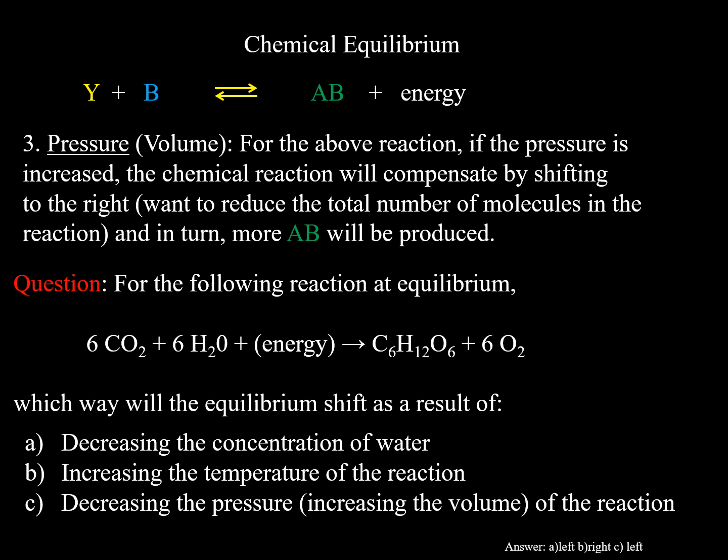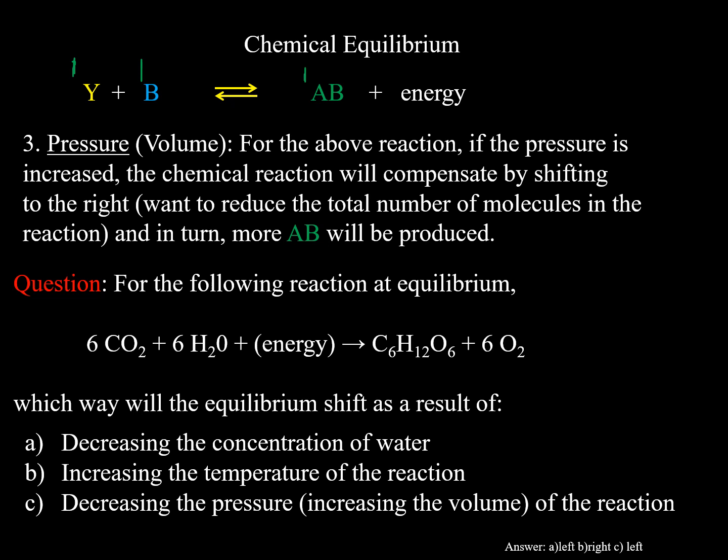The third one is pressure, which is also related to volume, as you'll see in the ideal gas chapter. So for the above reaction, if the pressure is increased, the reaction will compensate by shifting to the right. And why is that? Let's first establish, we have two molecules here versus one molecule on the right.